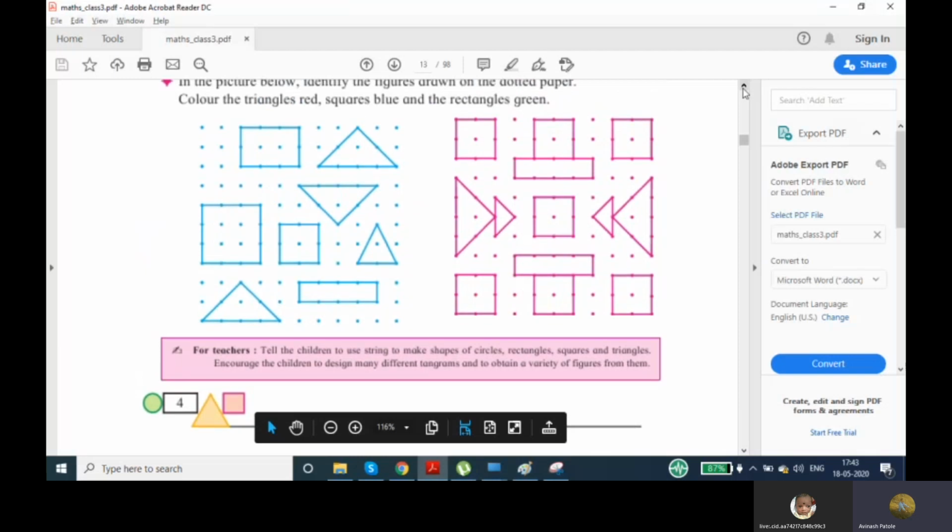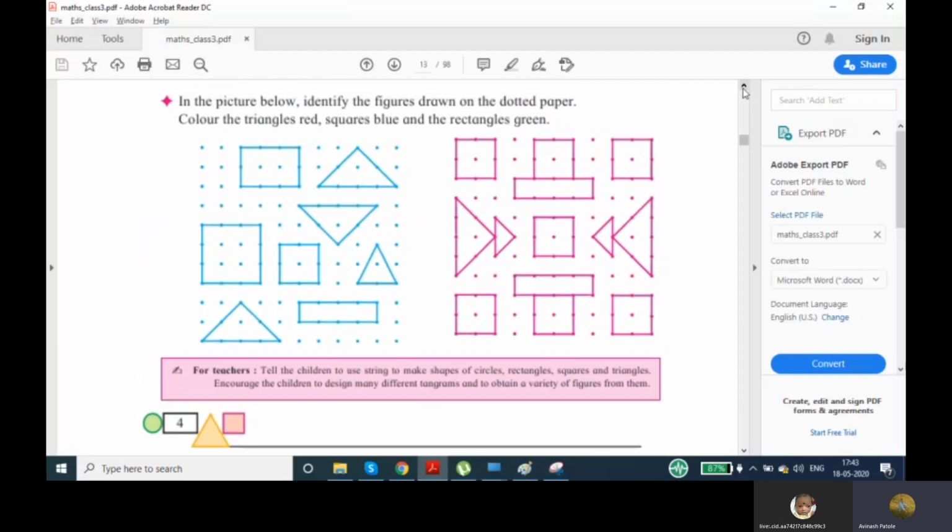So what did we learn in today's lesson? We learned that anything that has four edges equal in size and four corners is known as a square. Something that looks like a square but has two longer lines and two shorter lines, meaning two shorter edges and two longer edges, is a rectangle.